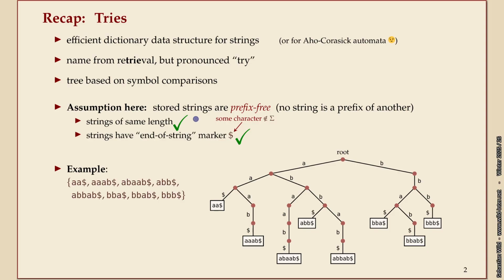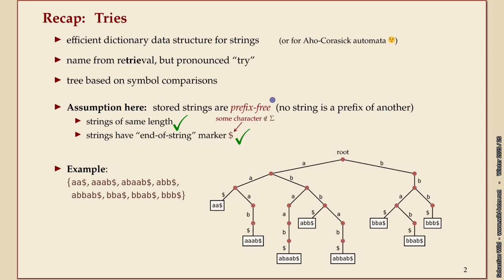Here, we'll always be happy with the assumption that the strings are prefix-free. This is different in the Aho-Corasick automaton. There we cannot assume this. But for this chapter, you can assume that we're always storing strings that end with some unique symbol that marks the end of the string that doesn't occur anywhere before.